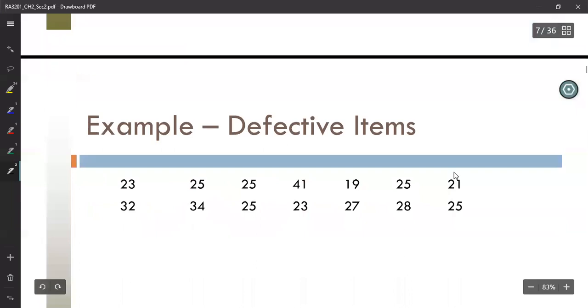Okay. So let's go back to that same defective items data set. There are 14 observations, but you can see that they are not in order. Can you arrange this data so it is in ascending order, starting from minimum up to maximum?